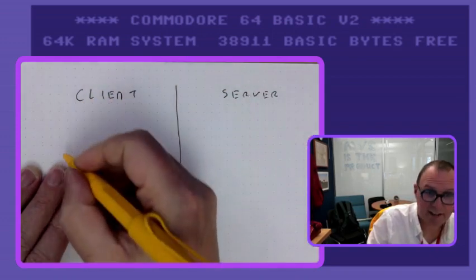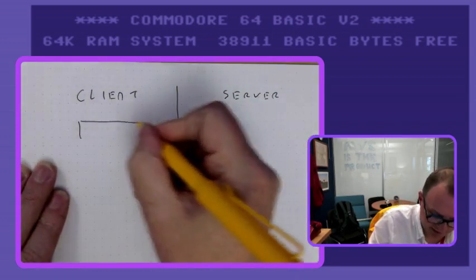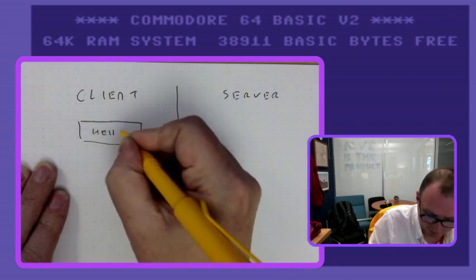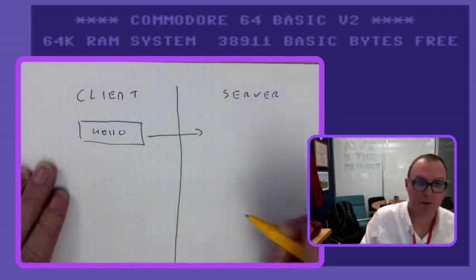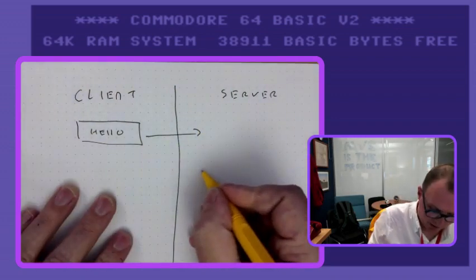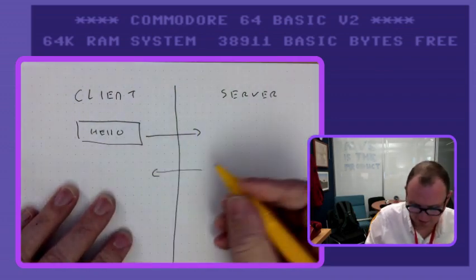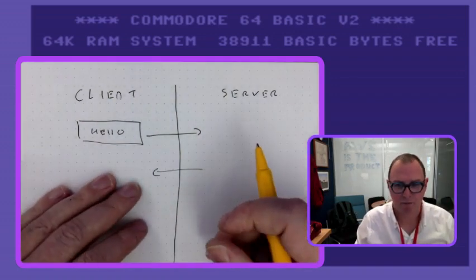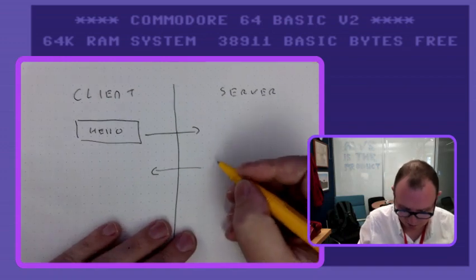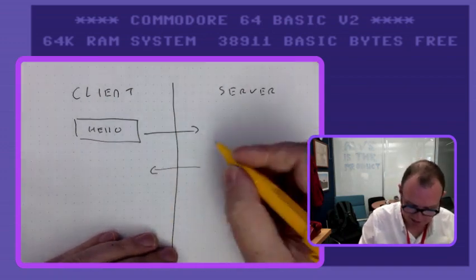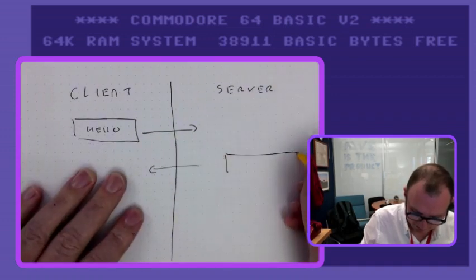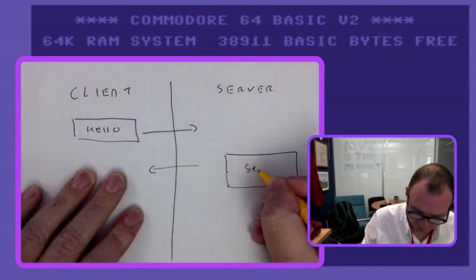In TLS, the client says hello. That's the very first thing that happens, and it sends that to the server. Then the server responds, which can be different depending on whether it's resuming a connection or trying to establish a new one. The handshake goes back and forth a few times, and you get these different states. But let's say the server responds with a server hello.